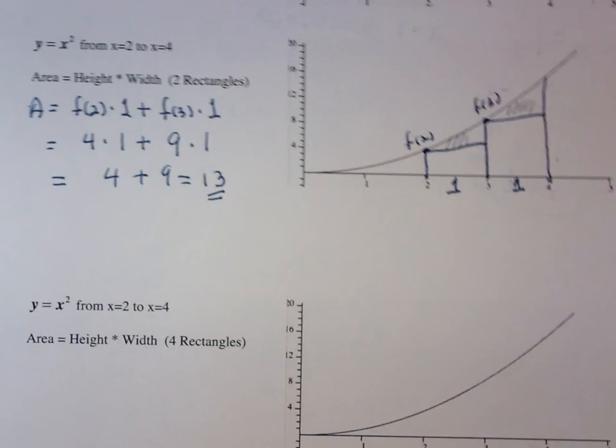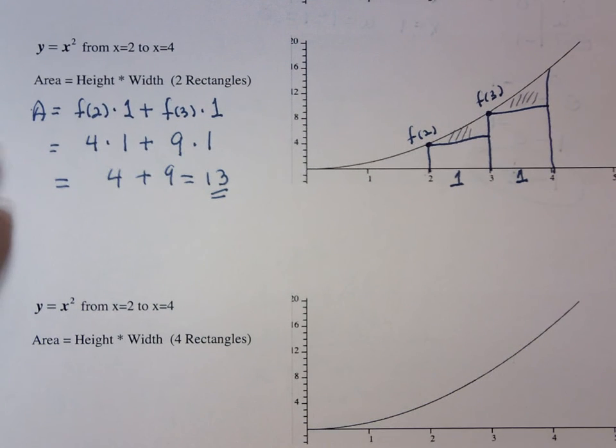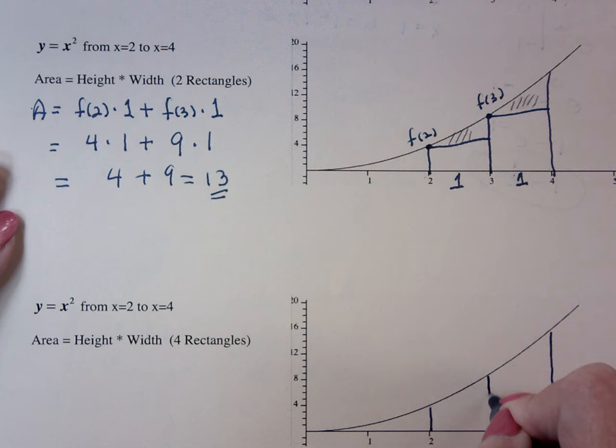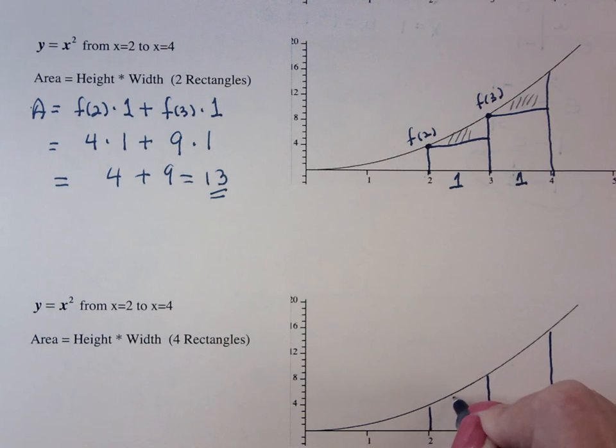Well, suppose what I do instead is I do the 4 rectangles. Well, I'm going from 2 to 4. And if I want to do 4 even ones, I divide it off here at 3. Then I'll divide it again in half. And now I have 4.